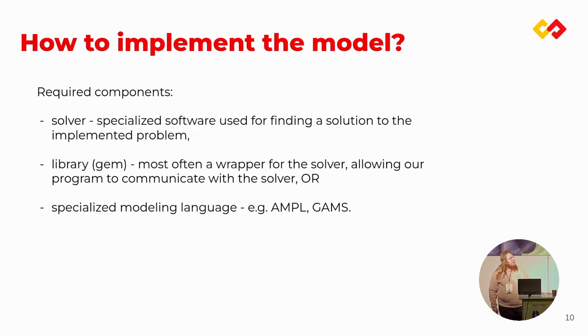Okay, so how do we implement it with Ruby, as we are at a Ruby conference? We need two parts. The first part is a solver, which is like black box software. We provide a predefined problem to the solver, and it returns the best solution for us.